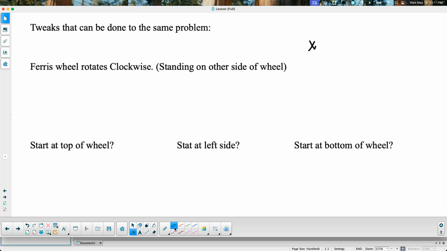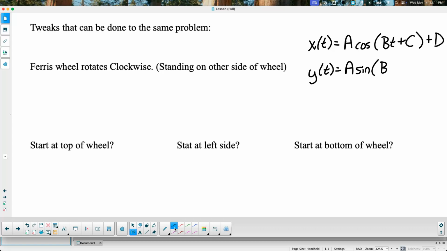Okay. So again, just remember that we were talking yesterday about x of t is a cosine of bt plus c, then plus d, and y of t is a sine of bt plus c plus d. Okay? So some tweaks that we can have.